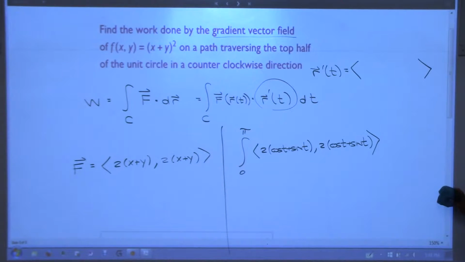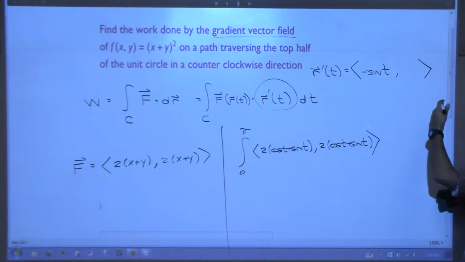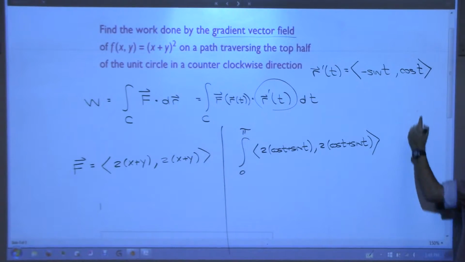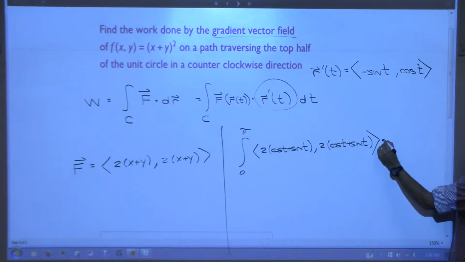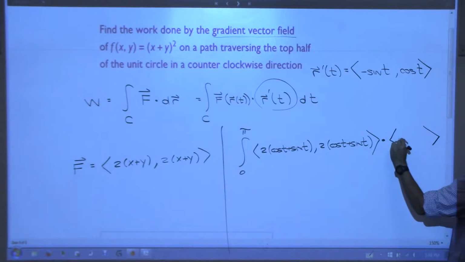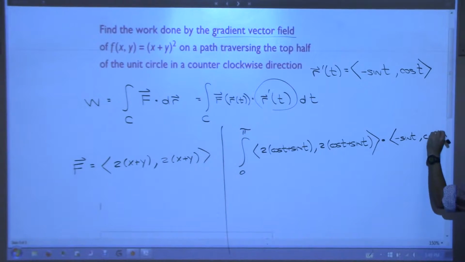Cosine t, so the derivative of that is negative sine t. And then the y component was sine t, so the derivative of that is cosine t. Y'all know what I'm doing there? That's what's going right here: negative sine t, cosine t. And finally, dt.